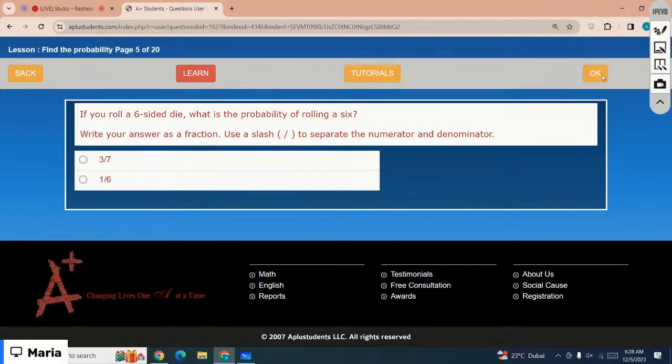Yes, it is 1 out of 6. The correct option is 1 out of 6.